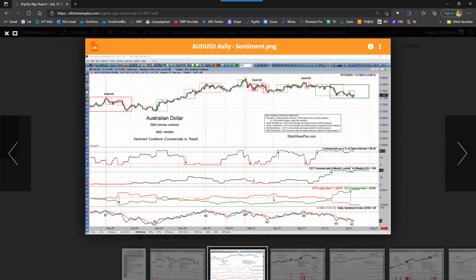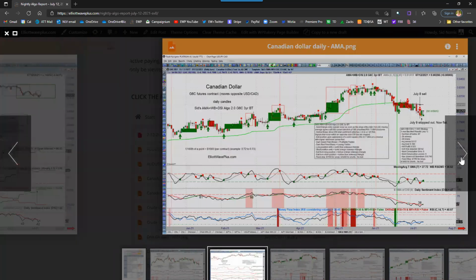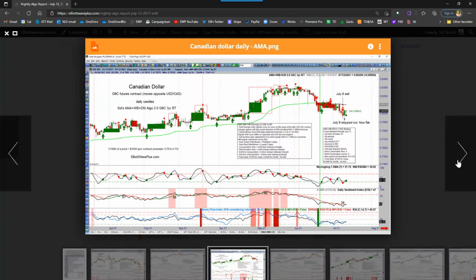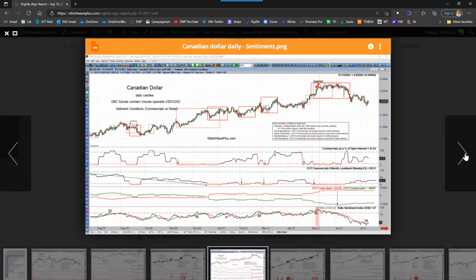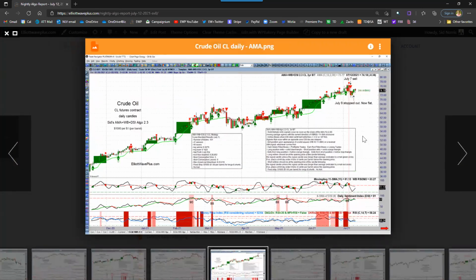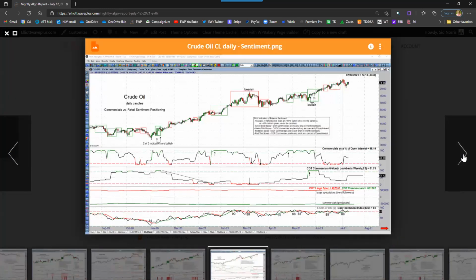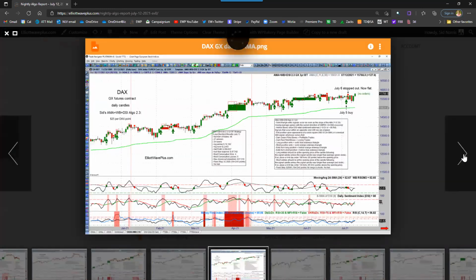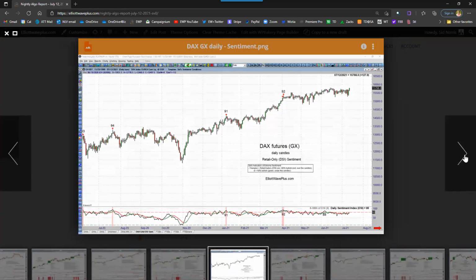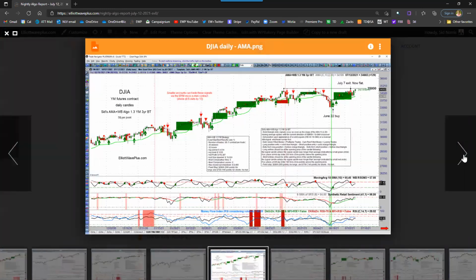I've done more videos about that sort of thing, but you also get this sentiment screenshot in each of the tradable items to know where things are. How the commercials are positioned as opposed to retail can be very important information. And crude oil, these are all current screenshots as of tonight. And that's the way it works.